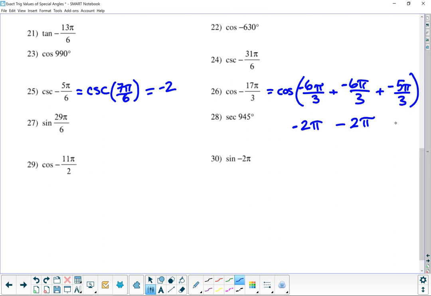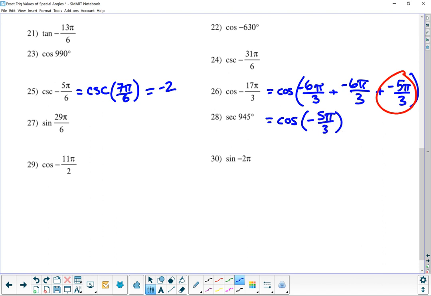Basically all we're after is that negative 5 pi over 3. So cosine of negative 17 pi over 3 is the same as cosine of negative 5 pi over 3.